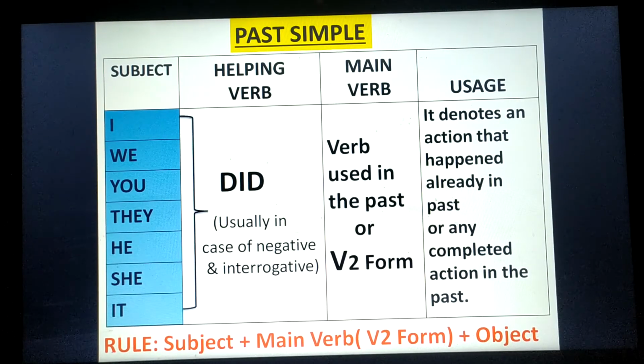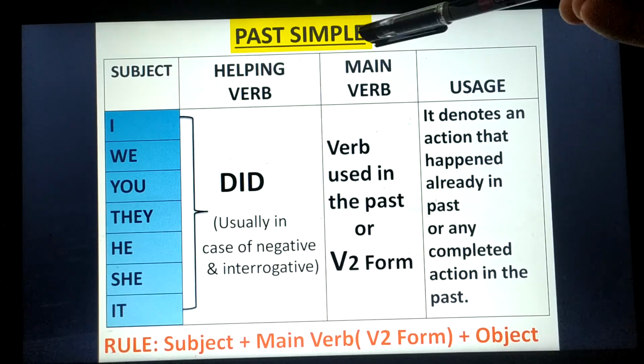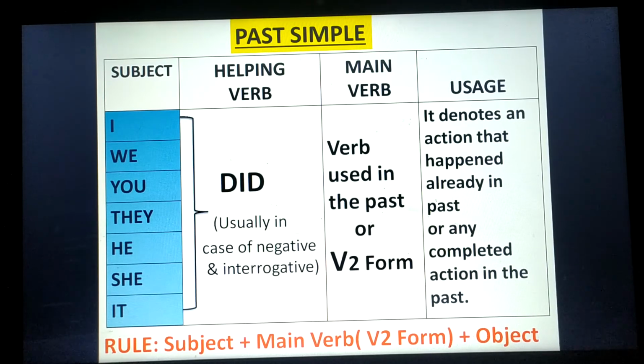Now we will move towards the next type of tense, that is past. So first of all, past means the thing which has happened in the past somewhere, right? So first of all, if we come to its first form, it's past simple. First of all, we will know what is the use of past simple.